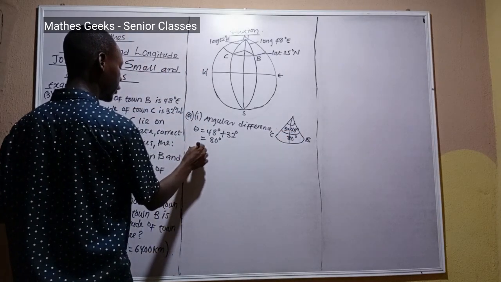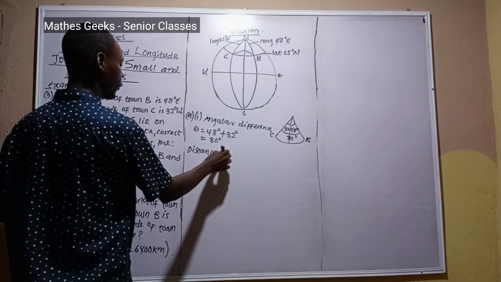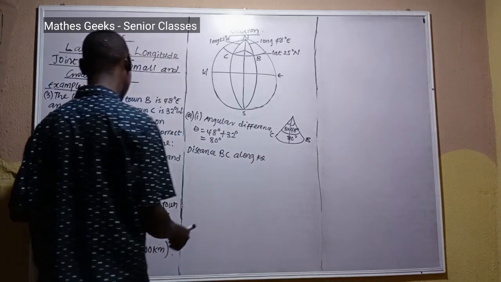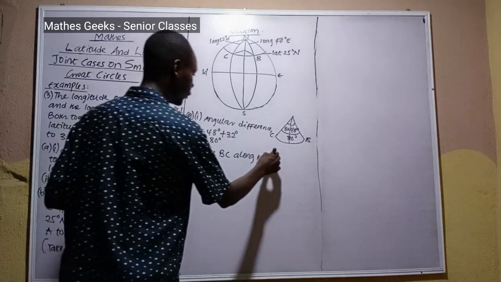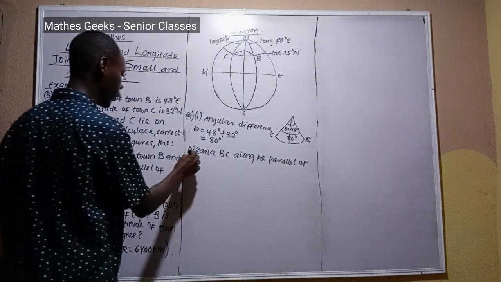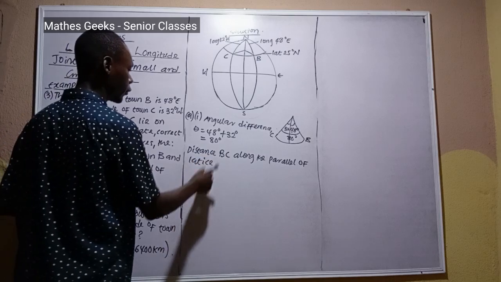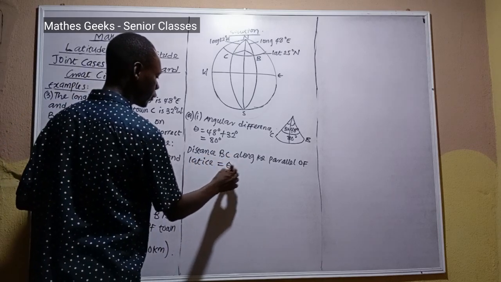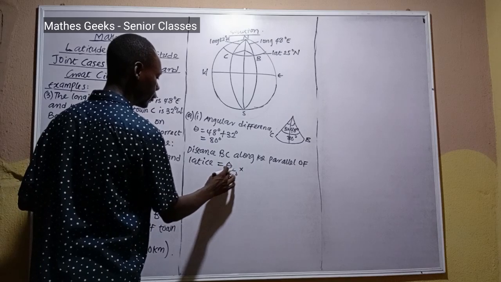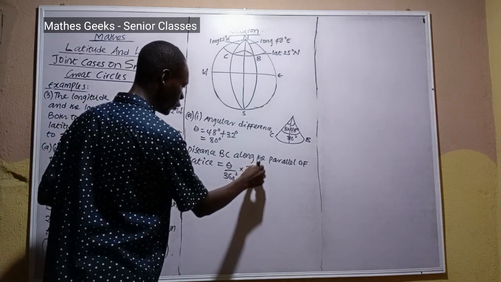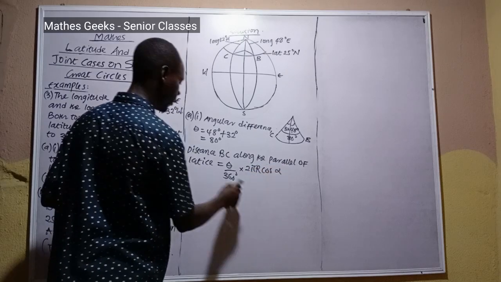Now distance BC along the parallel of latitude. Along the parallel of latitude, that's small circle distance. So theta over 360 degrees times 2 pi r cos alpha.